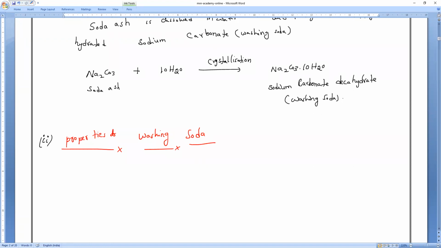Properties of washing soda. Washing soda is called what? Sodium carbonate decahydrate. First property: washing soda is a transparent crystalline solid.